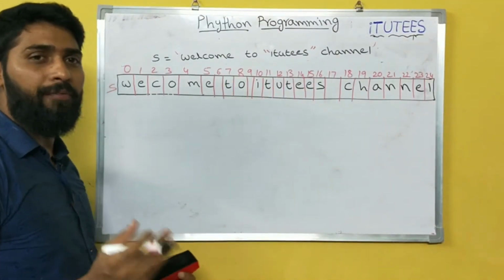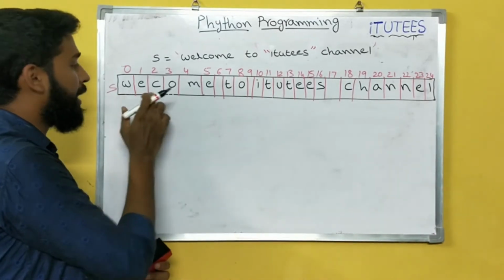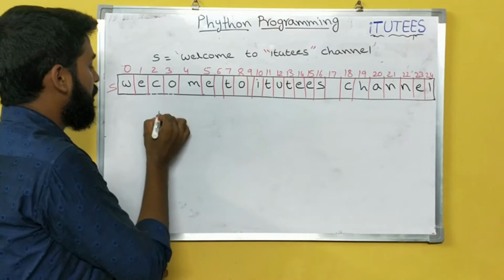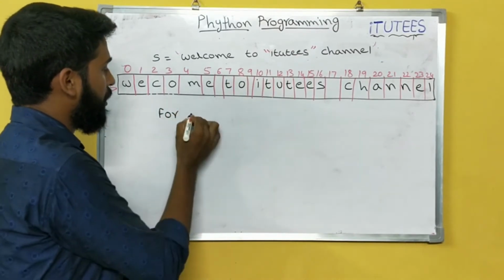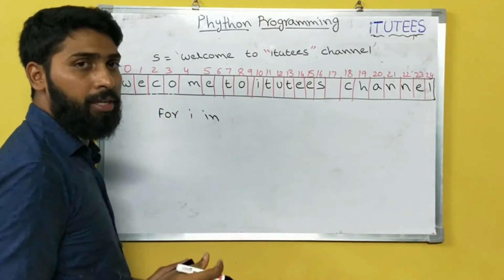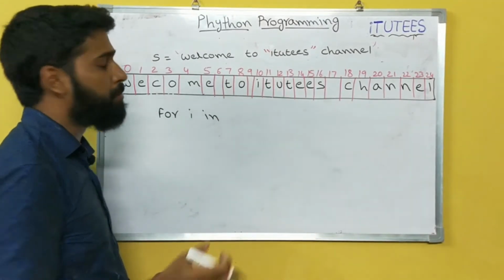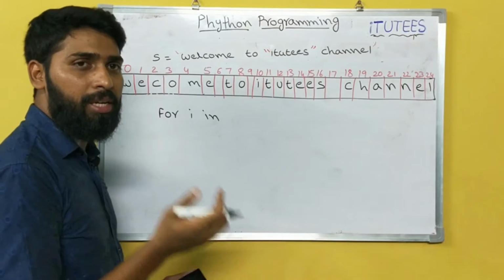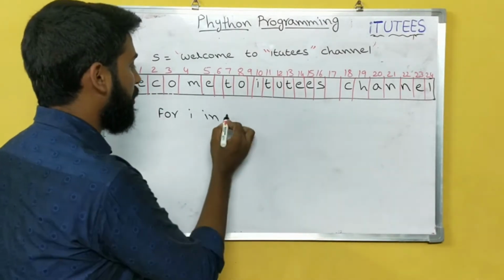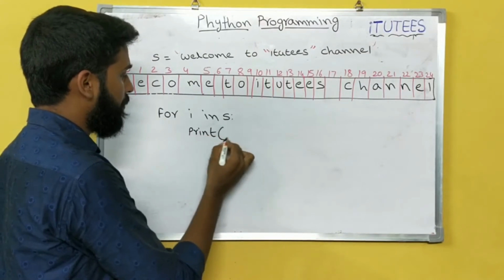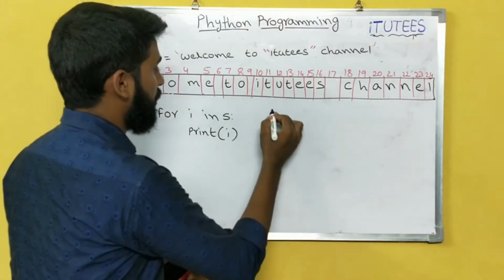In Python, we can print individual characters of a string using a for loop. How? We already discussed that. For i in, here you give a range or an iterable data type. So S is the string and it is iterable. Print i. What does it print?